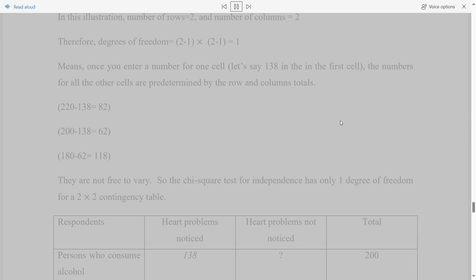In this illustration, the number of rows is equal to 2 and the number of columns is equal to 2. Therefore, degrees of freedom is equal to (2 minus 1) times (2 minus 1), which is equal to 1.